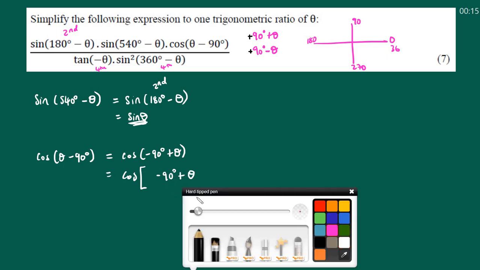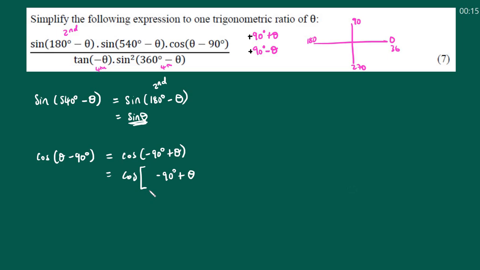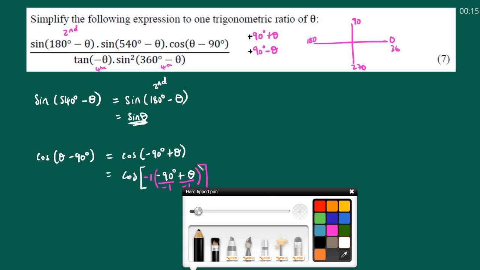Then remember what we said about changing the sign? We divide by -1. So even here you're going to divide by -1. But now it's like we're factorizing. So because you divided by -1, you open a bracket and put a -1 outside. That's what you're going to do there.